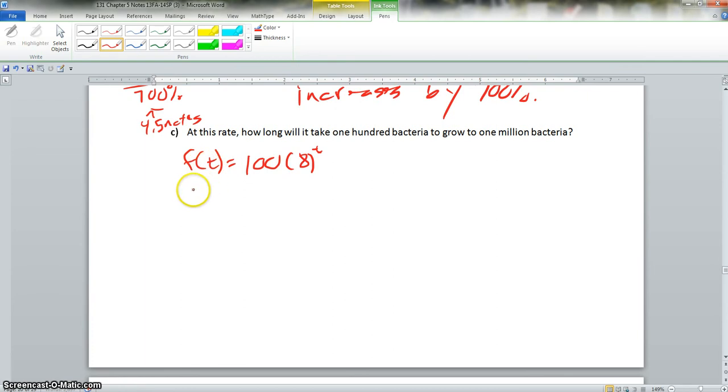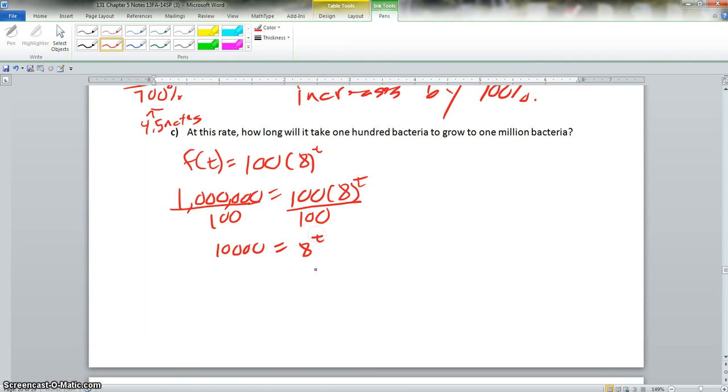And we would substitute in f of t to be 1 million equals 100 times 8 to the t power. We divide each side by 100. And that would leave us 10,000 is equal to 8 to the t power.